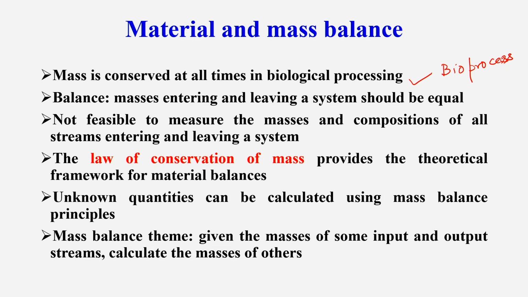So, as we know, in bioprocess there are metabolic pathways that are exploited to synthesize the desired metabolites, but here this material and mass balance is looking at the macroscopic level. So, as the name suggests, balance means what we are balancing is the mass which is entering or leaving the system.